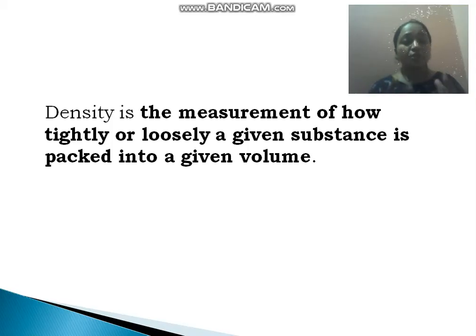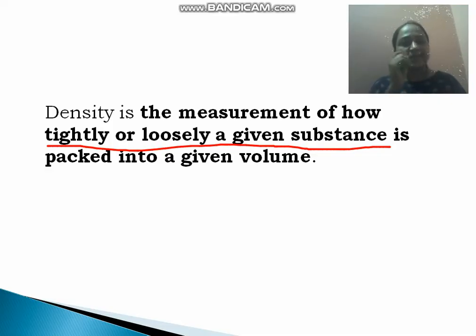Matter always contains a specific arrangement of molecules, atoms or ions. So we are talking about all these things here: tightly and loosely. What is the meaning of tightly and loosely for any given substance? It means the atoms, molecules and ions which are present in that substance.